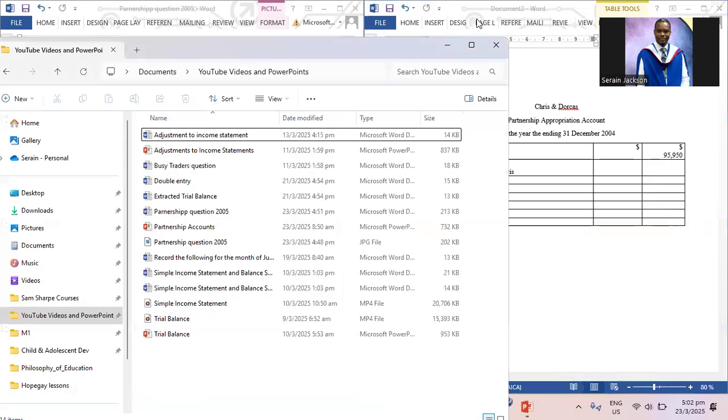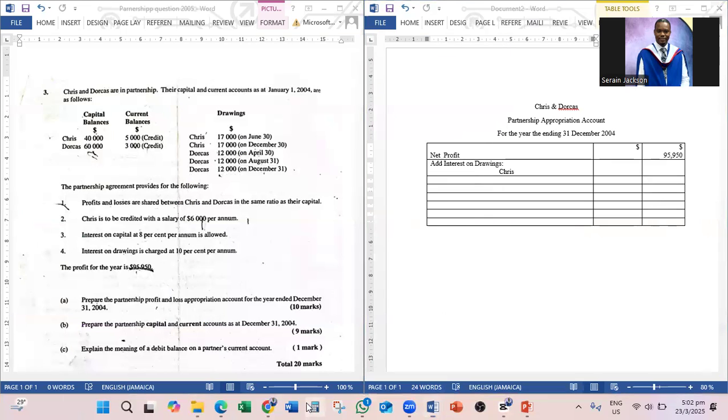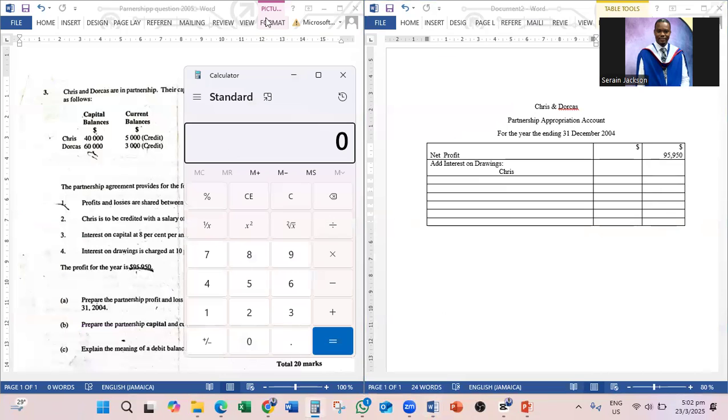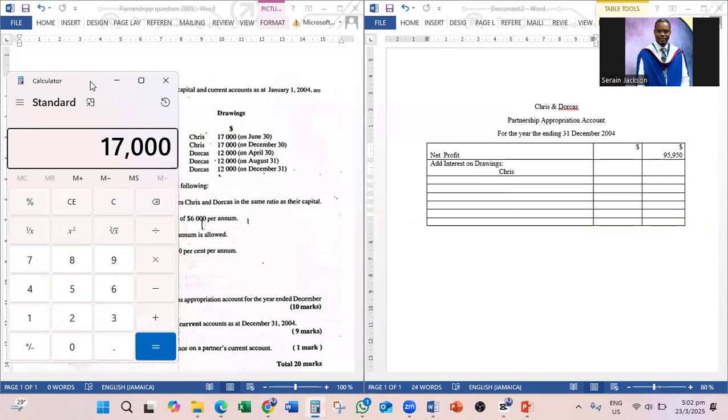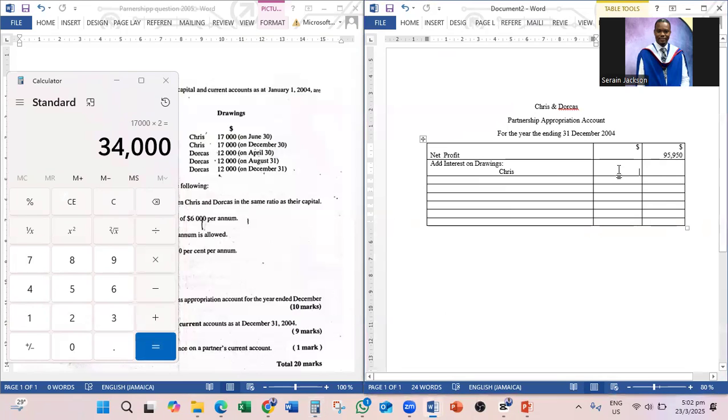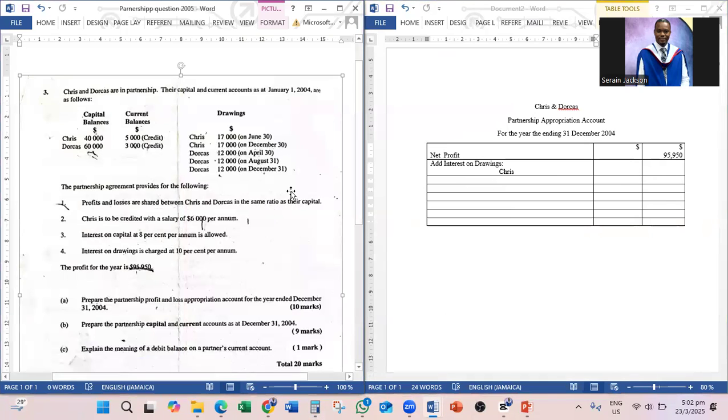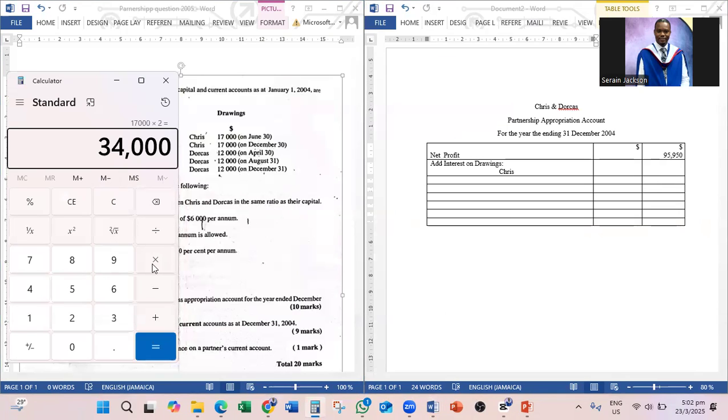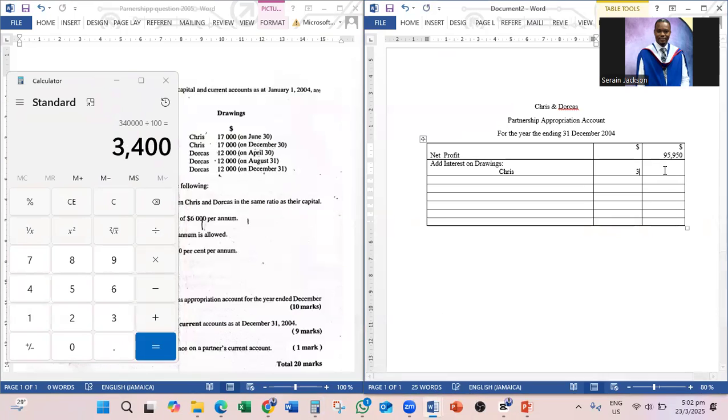As we see, Chris, 17,000, he made two, so it is 34,000 for the year. The interest that is charged on drawings is 10%. So 10% of 34,000. You can just take off the zero, but let's not work it like that. Multiply by 10, divide by 100, well, 3,400. So that is Chris's interest on drawings, 3,400.